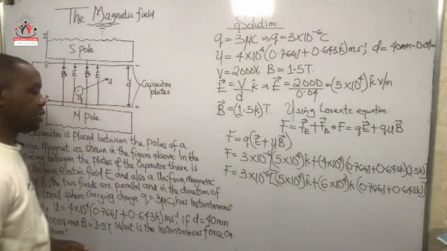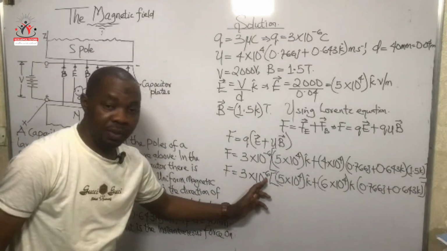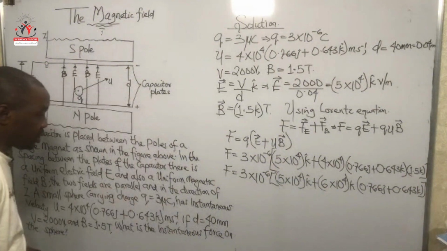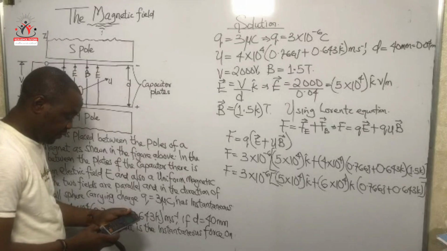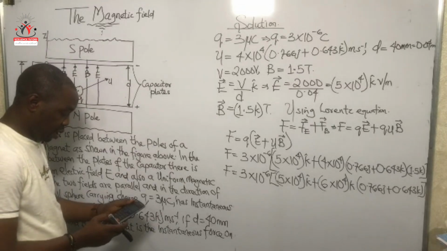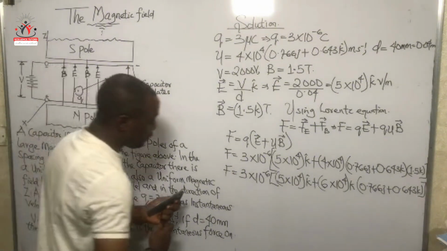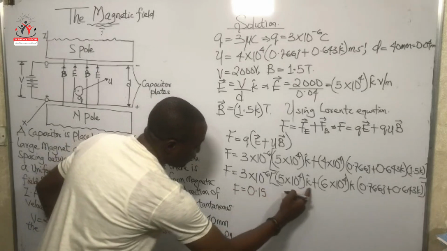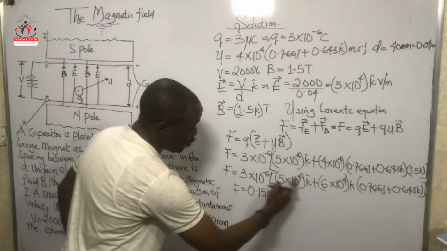Now we can distribute 3 times 10 raised to the power of minus 6. Multiplying 5 times 10 raised to the power of 4, which is 50,000, by 3 times 10 raised to the power of minus 6 gives 0.15. So we have F equals 0.15K, because the unit vector is in the direction of Z.